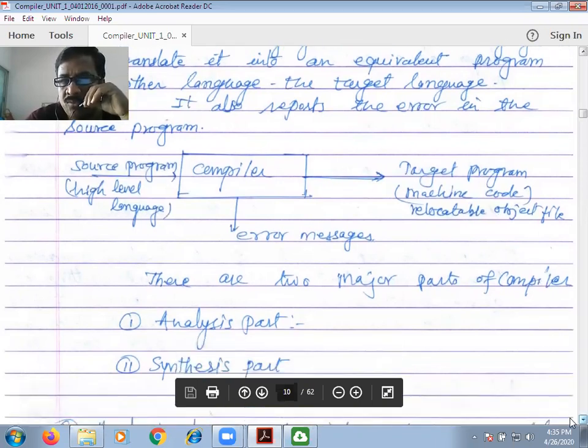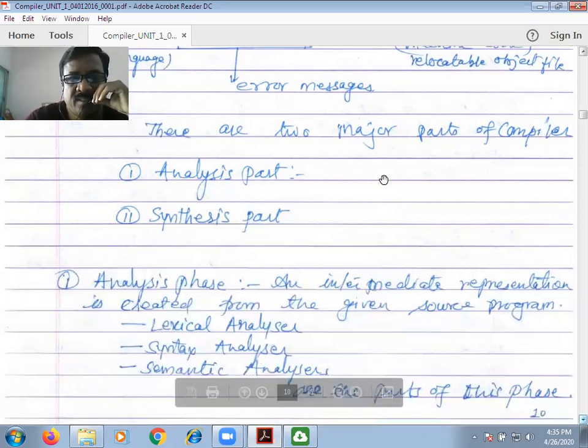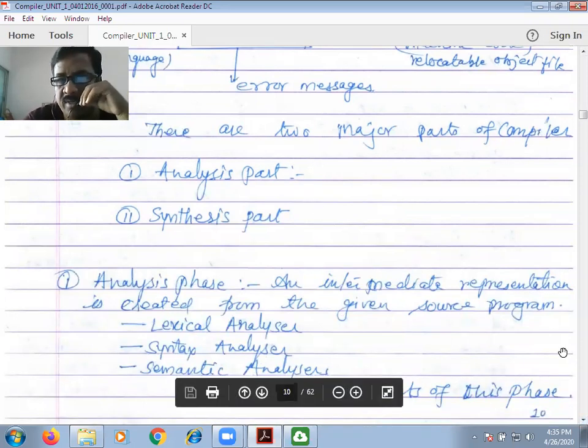There are two major parts of compiler, that is the analysis part and the synthesis part.